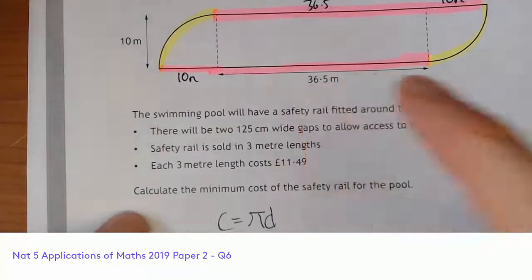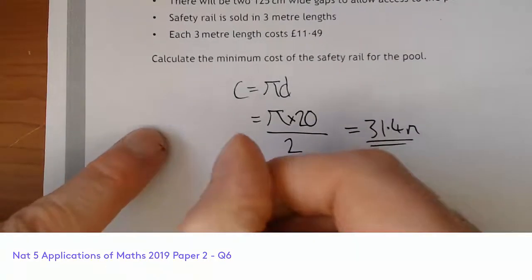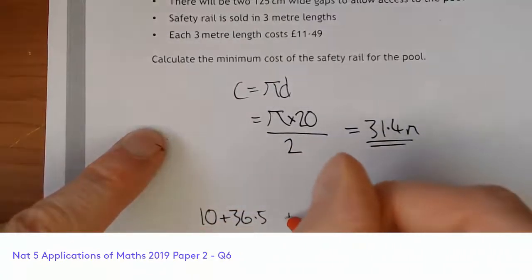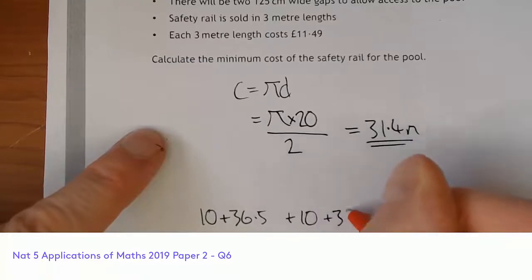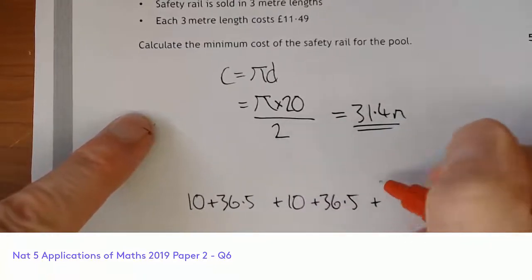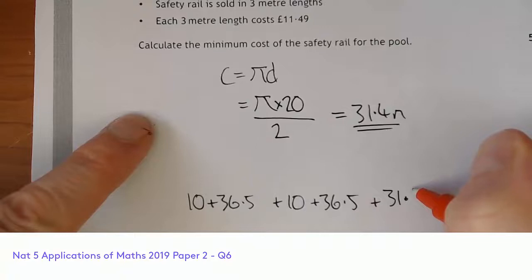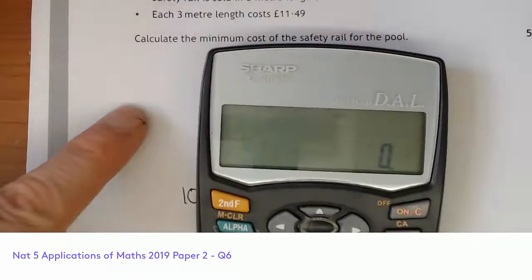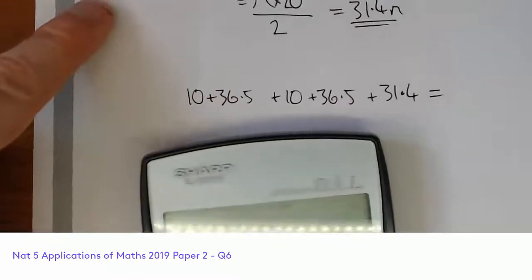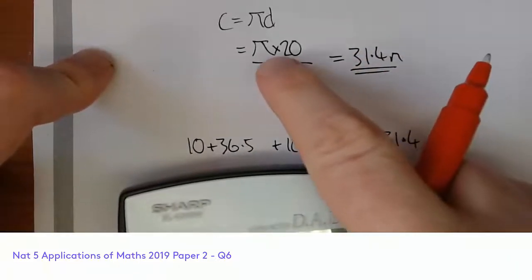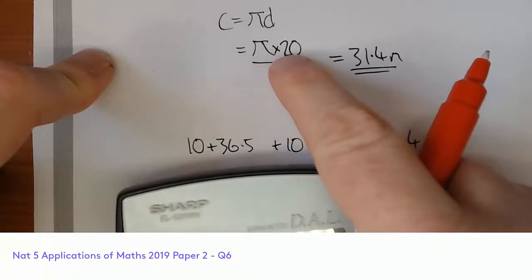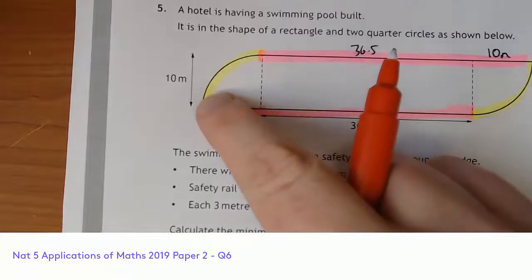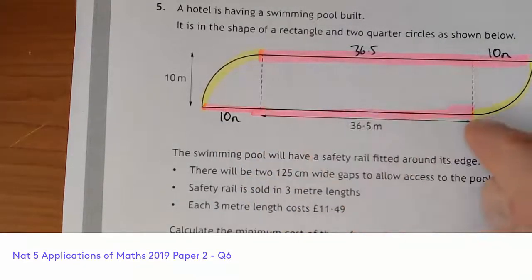So we've now got the combined total of 31.4, and then we can add all these together. Essentially we're adding up 10 plus 36.5 plus another 10 plus another 36.5 plus the wee curvy bits. If you add all these together, that should give you the overall perimeter. You might have decided to work out the circumference of a circle and divide it by 4 to give you the side of one of the curves, and then you'd have had to times that by 2 to get both.